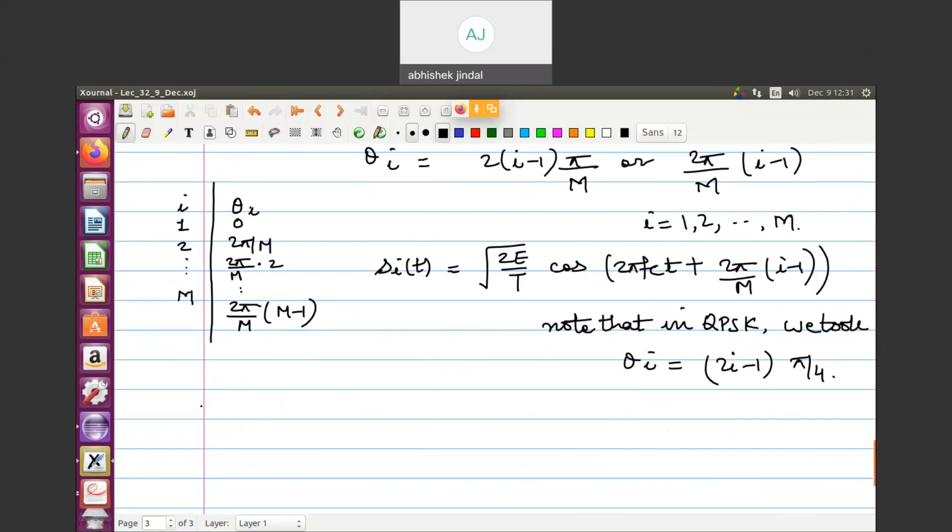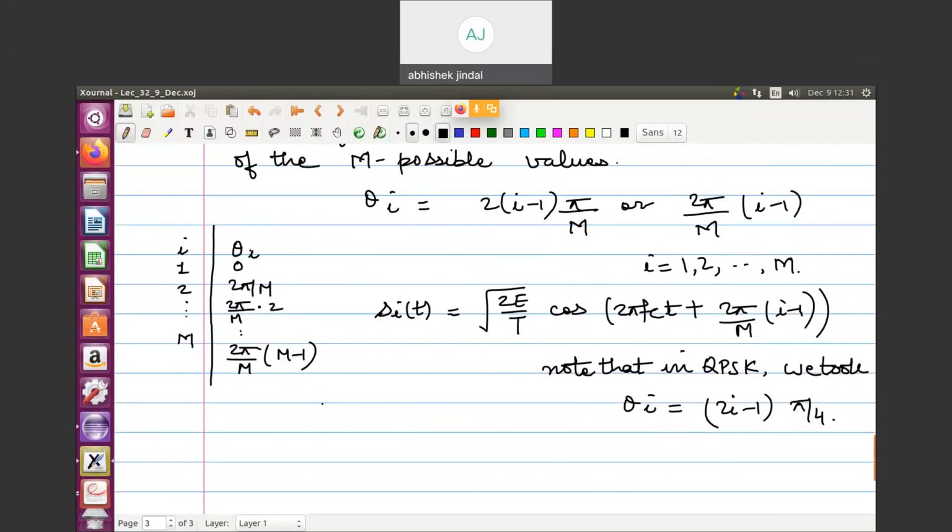So let us choose M as 4. Here theta 0 would be 0, theta 1 would be pi by 2, theta 2 would be pi by 2 into 2, that is pi, and theta 3 would be 3 pi by 2.